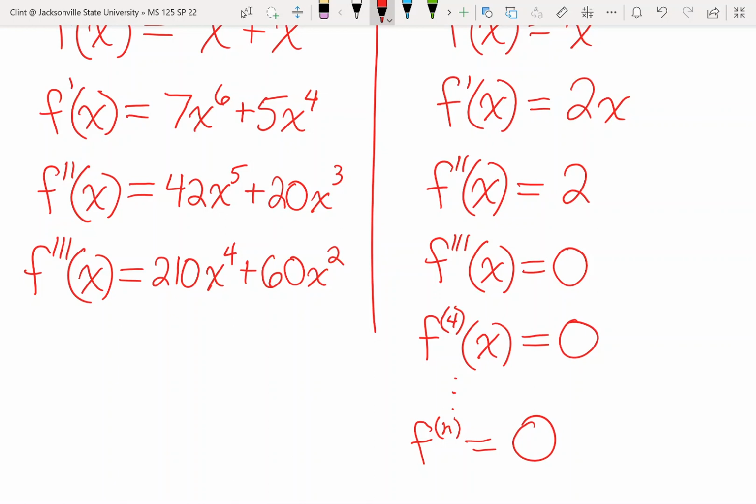This term would be 120x on the fourth derivative. On the fifth derivative, it would be 120. On the sixth derivative, it would be 0. So in theory, you can take as many derivatives as you want to. But at some point, who cares anymore?